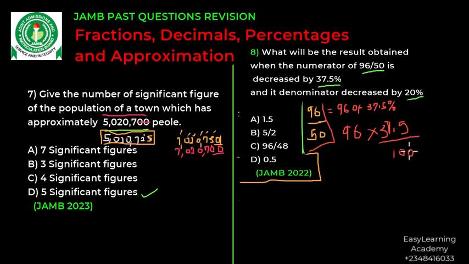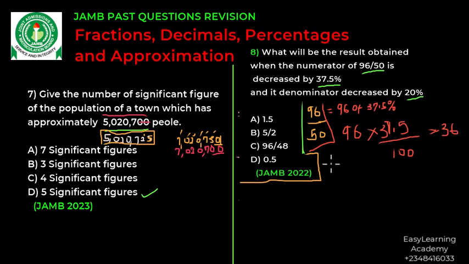Okay, so that will be for the first one, and of course solving this out, that's 36 is what we have as 96 of 37%, but it is a decrease.